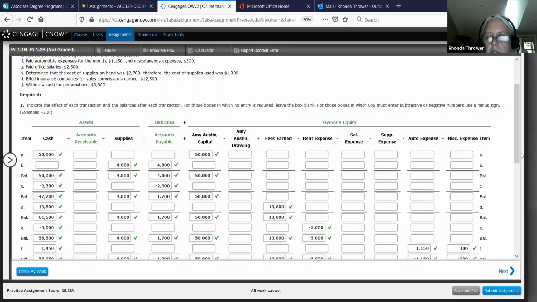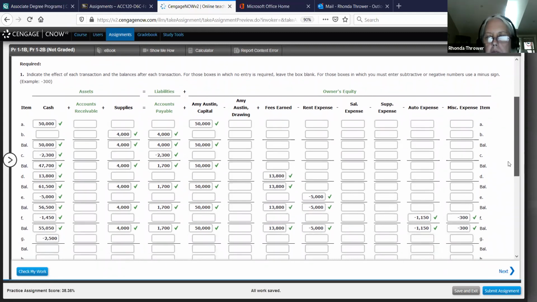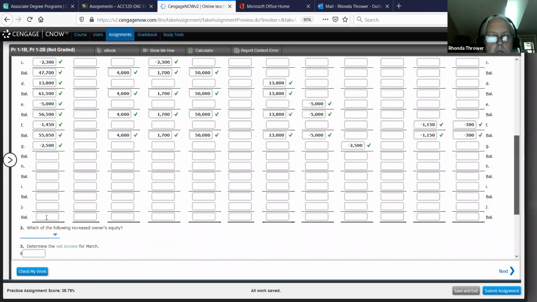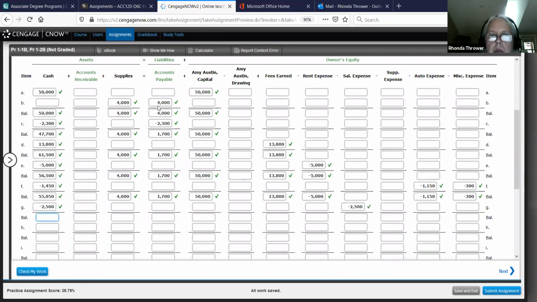So we're going to go to salary expense. We're going to go all the way down to the G transaction. And we're going to put in a minus $2,500 there too, because we're decreasing our equity. Check your work and move on to the next transaction.